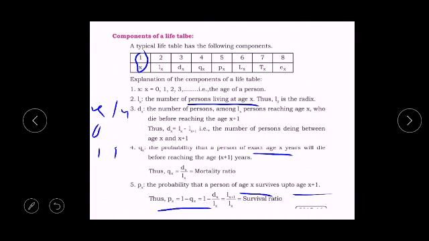That is the difference, as we already learned in probability, the total is always 1. So the mortality ratio is the probability of death, and px is the probability of survival. This is called the survival ratio. So px and qx, the total of both is 1.